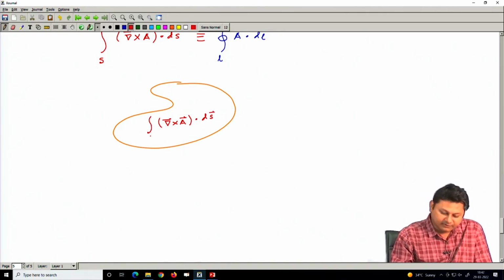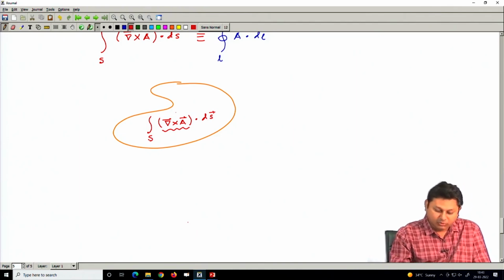This is a surface integral. Flux is nothing but this vector quantity dotted with S and then integrated. So I get the total flux for this given surface.